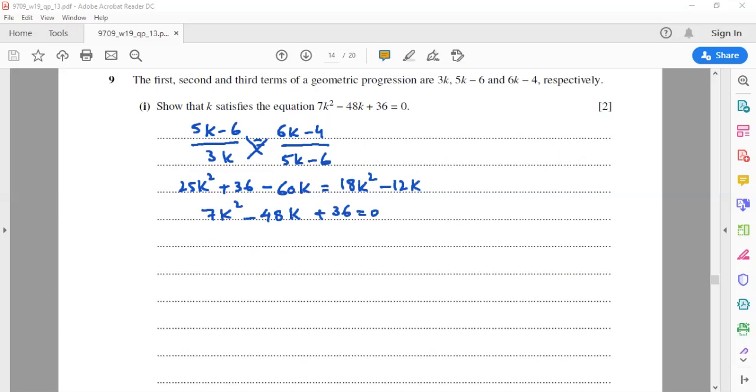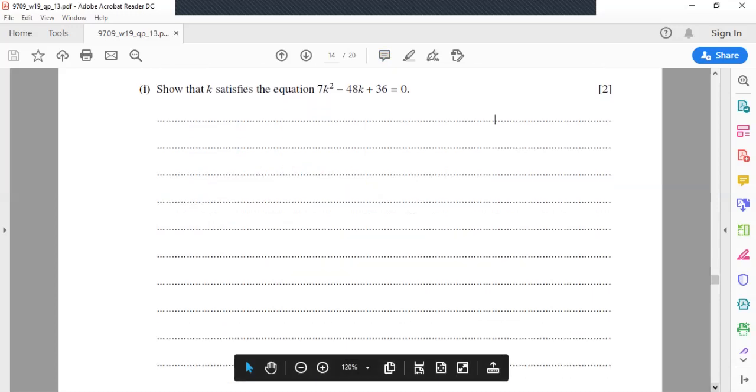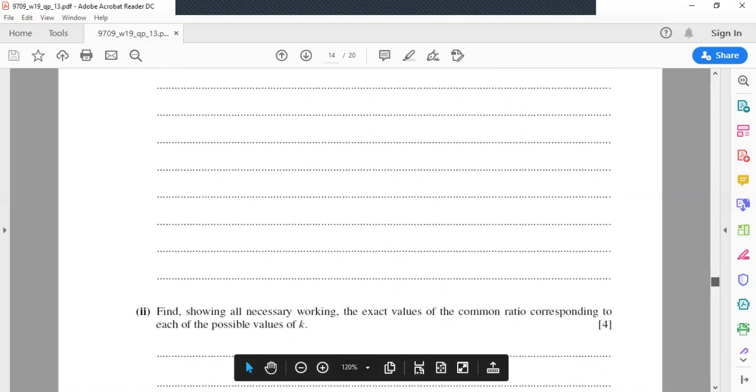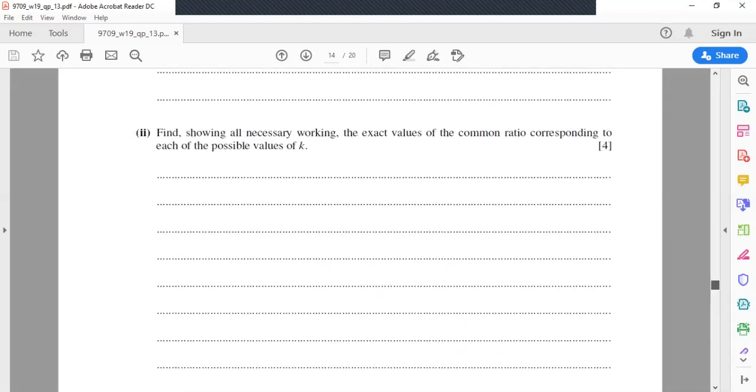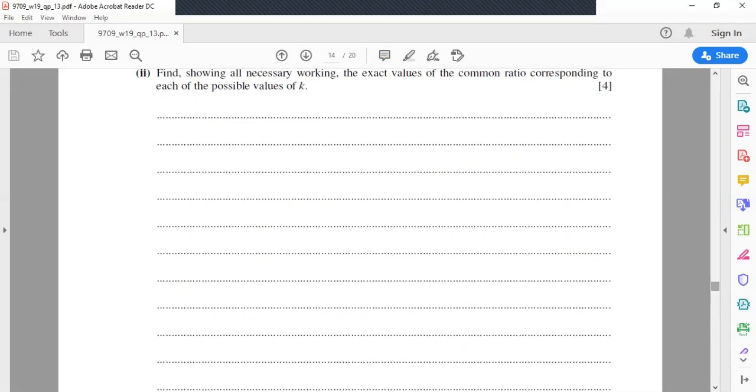Now let's go for the second part. It says, show all necessary working the exact value of the common ratio corresponding to each possible value of k.